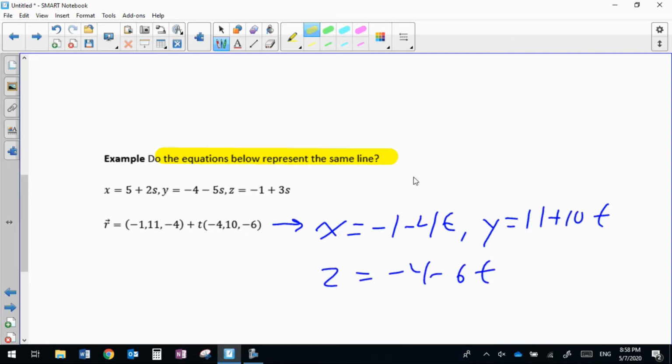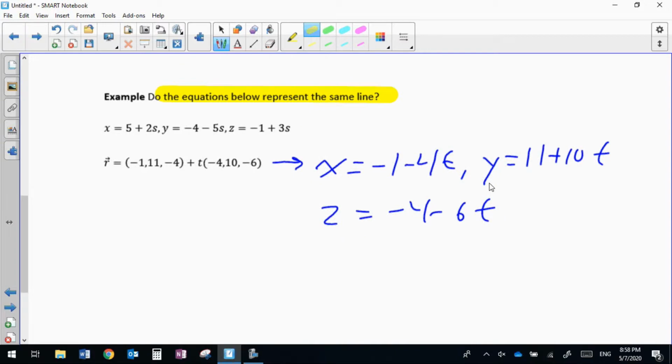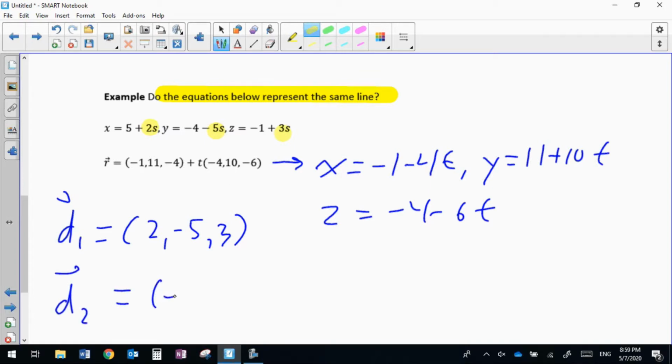Okay, well, one way to talk about them being the same line is, do they have the same direction vector? Let's look at d1, the direction vector of the first line. It's 2, negative 5, 3. Notice I'm just using those values right there. The second direction vector, I can actually just use negative 4, negative 10, negative 6.